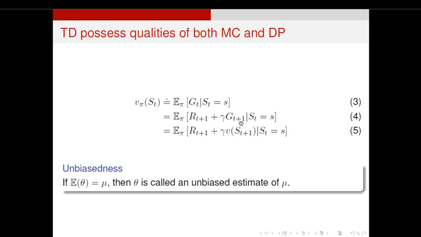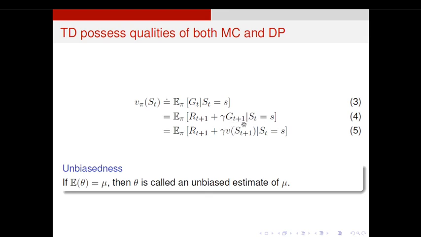Now in this formula, the current state value depends on the immediate reward plus the next state value. If Gt plus 1 is written in the form of V of St plus 1, see, Gt plus 1 is the return for the next state.